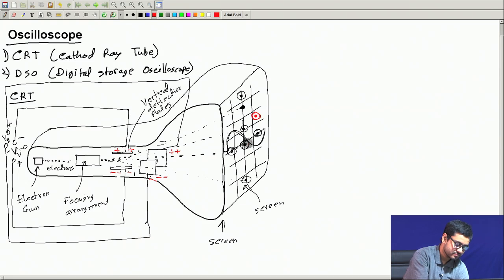This is for VH and VV, horizontal and vertical, both positive.